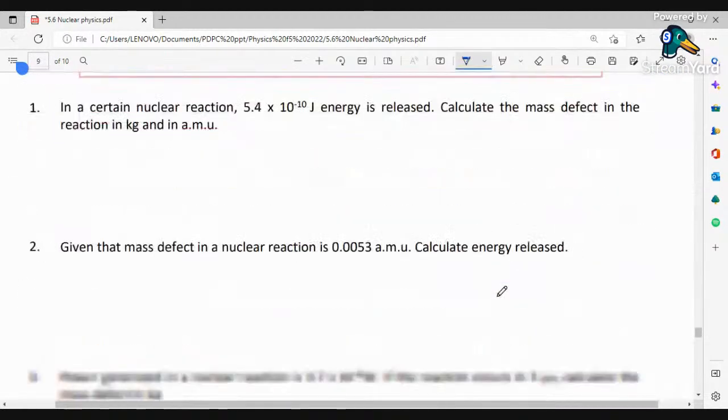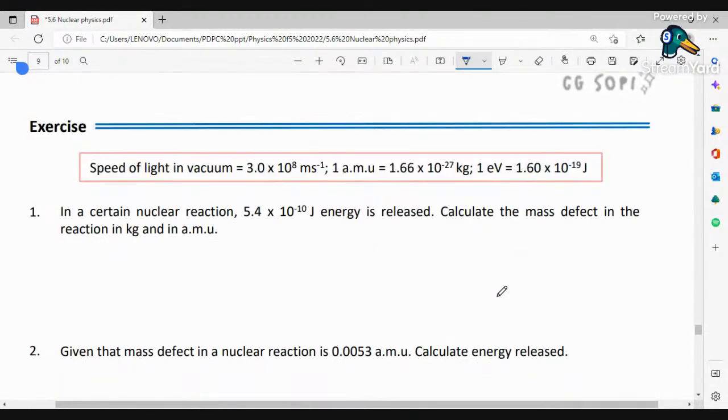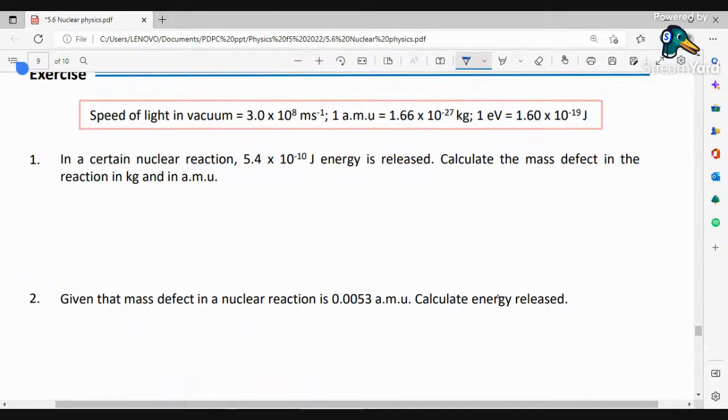Okay, exercise. Speed of light in vacuum, 1 AMU, 1 EV. Calculate mass defect in the reaction in kilogram and in AMU. Okay, let's say kita ada ni E equals mc squared.